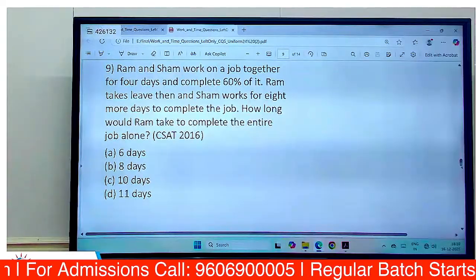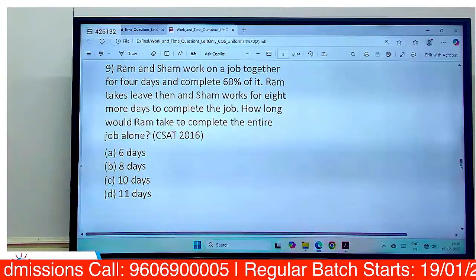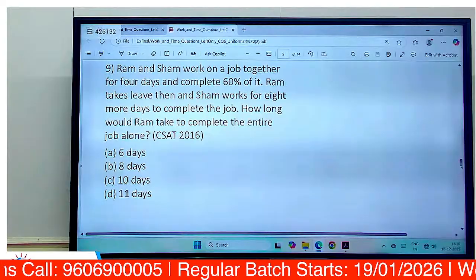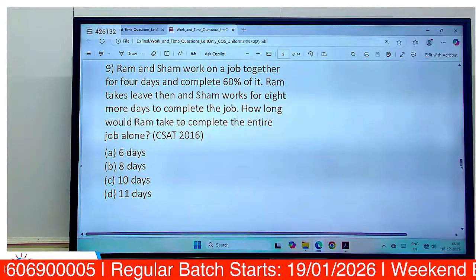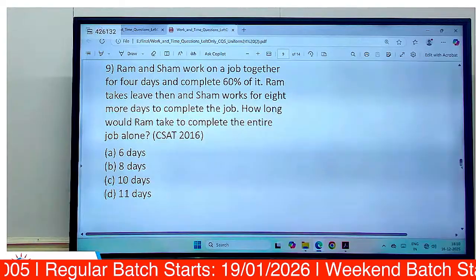Draw the timeline. Efficiency is not given to you. Just write them in variables only, R and S, and then try to somehow eliminate it to get to time.